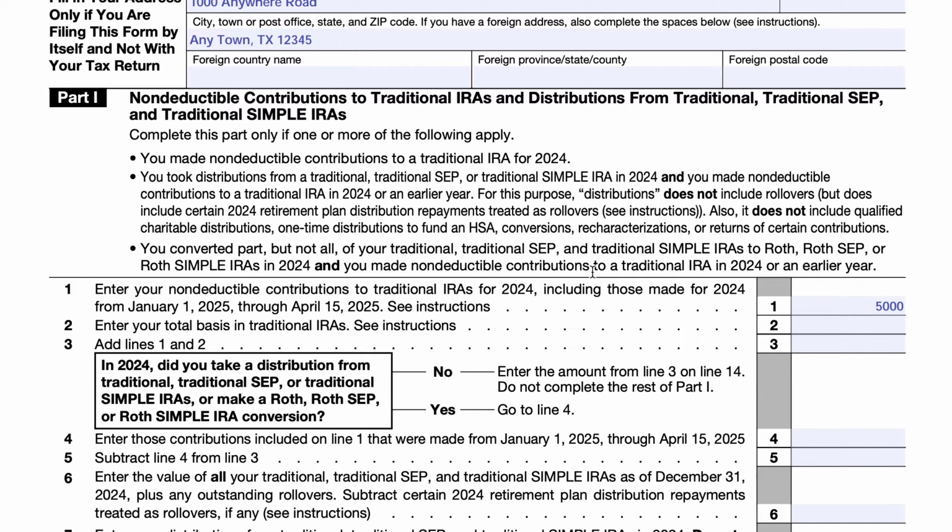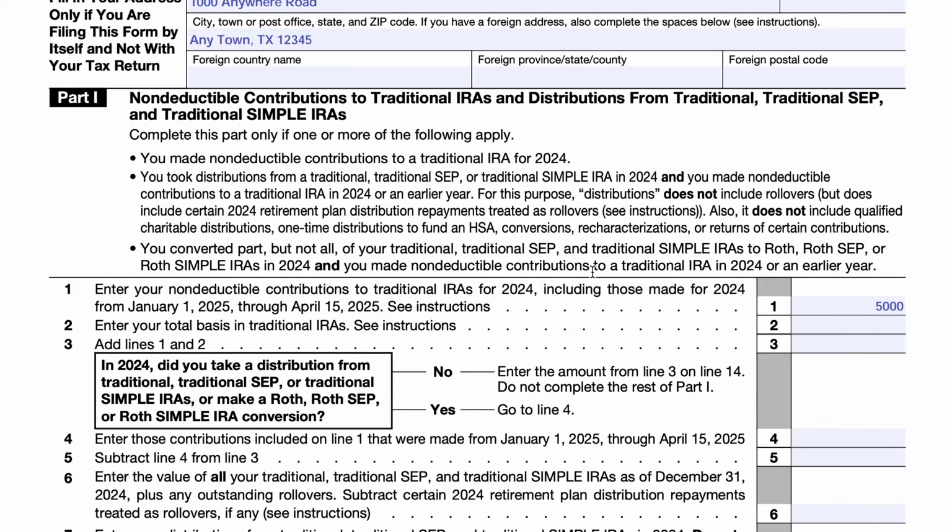So for 2024, you can make that 2024 contribution all the way through April 15th, 2025. Conversely, 2025 contributions can be made all the way through April 15th, 2026.